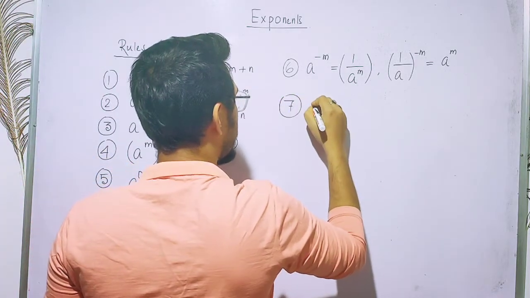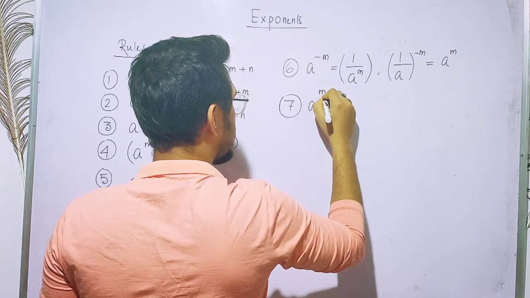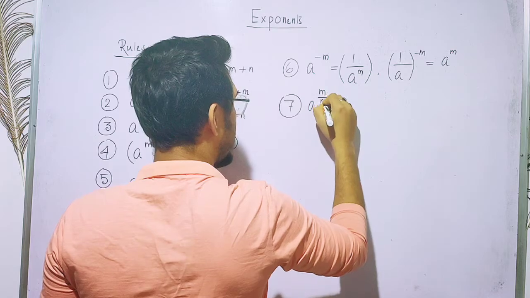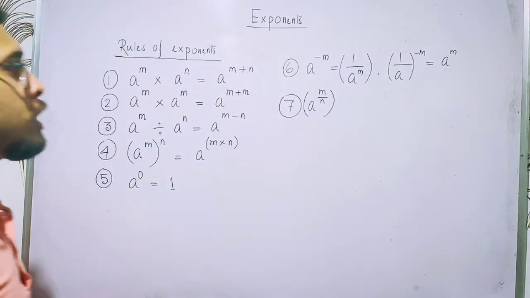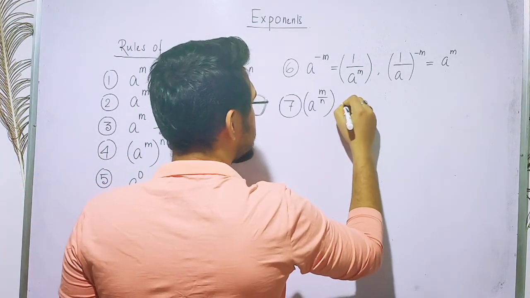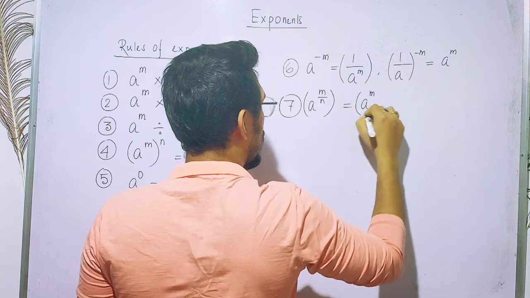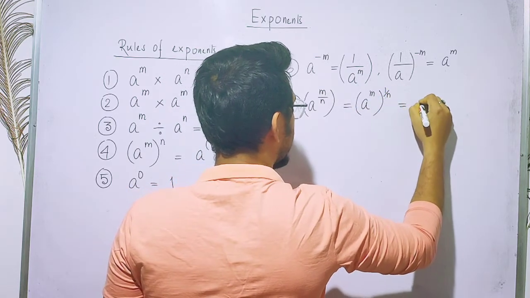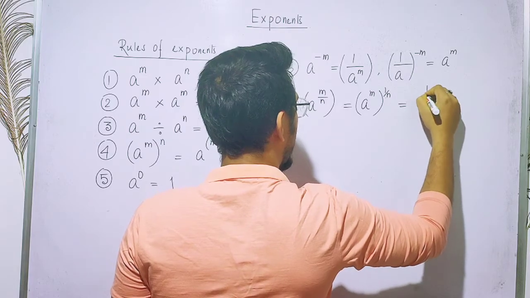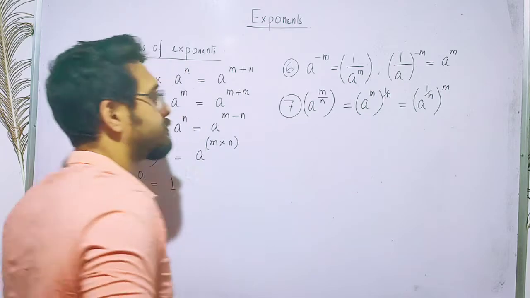Next, if the exponent is in division mode, for example, if you have m by n, in that case, you can write it as a to the power of m whole to the power of 1 by n, or you can also write it as a to the power of 1 by n whole to the power of m.